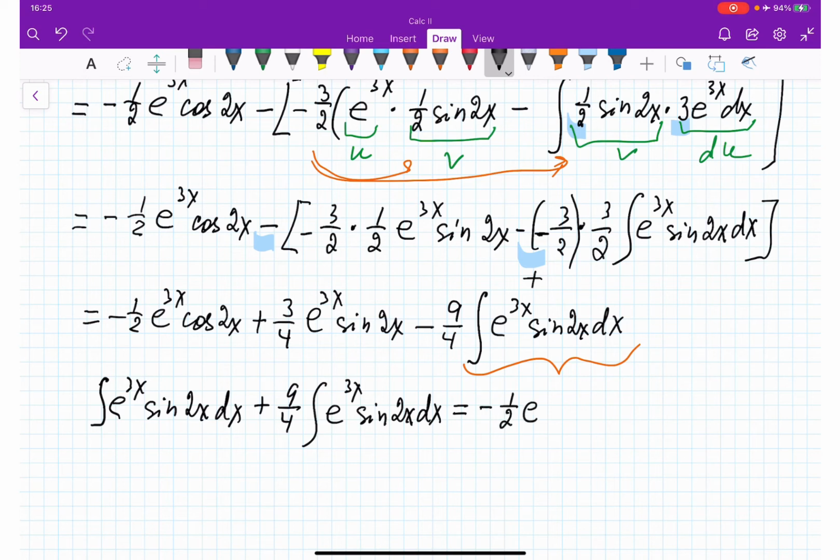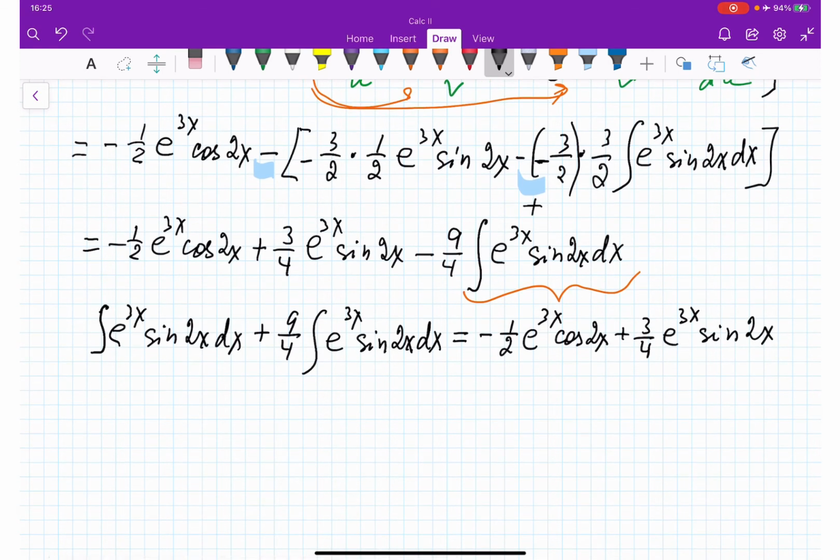1/2 e to power 3x cosine 2x and plus 3/4 e to power 3x sine 2x. Okay, so we are getting here 13 over 4, I added this 1 and 9 over 4, so I got 13 over 4.